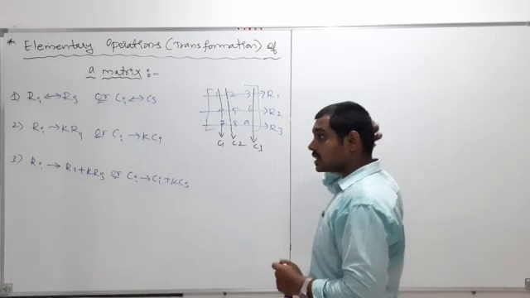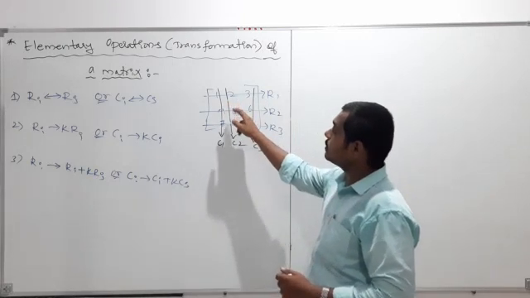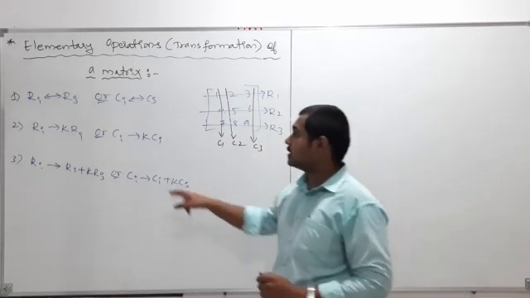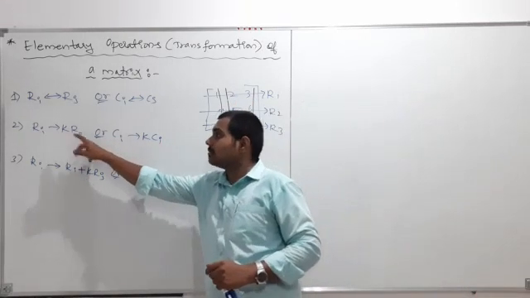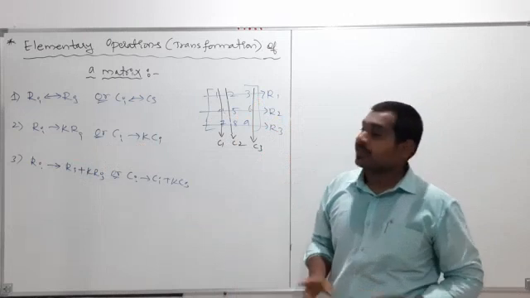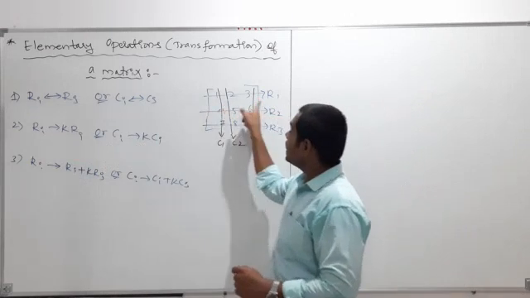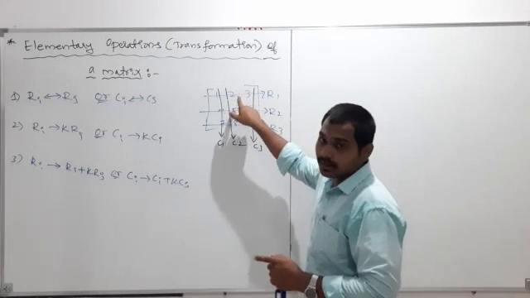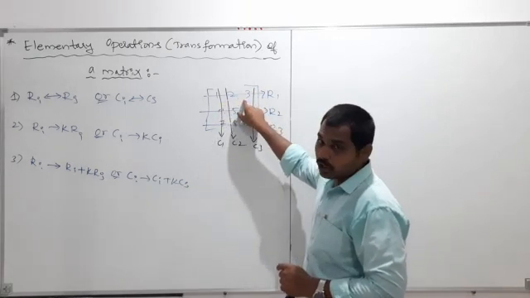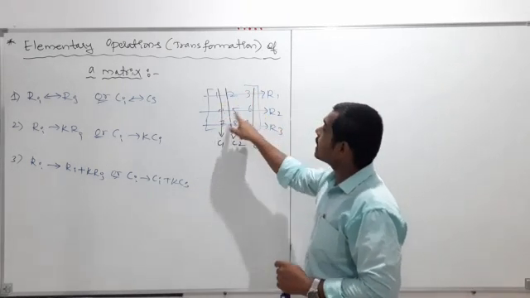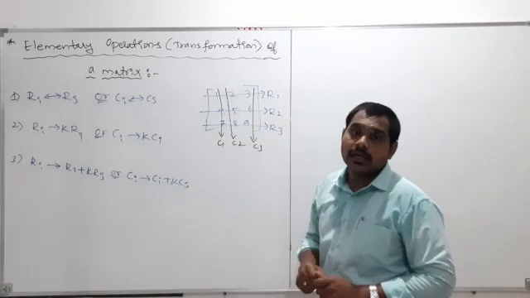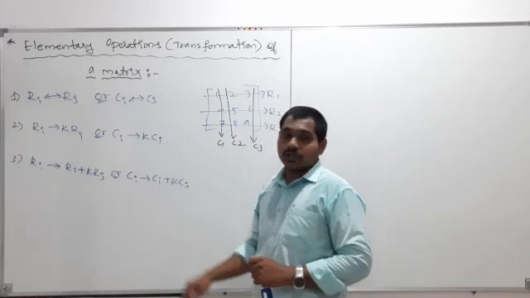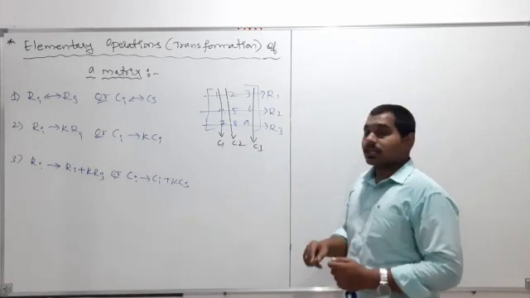And next, my dear students, to the elements of any row you can multiply with a non-zero number. Similarly for the columns also. And next, to any row you can add the corresponding elements of another row by multiplying with a non-zero constant number.